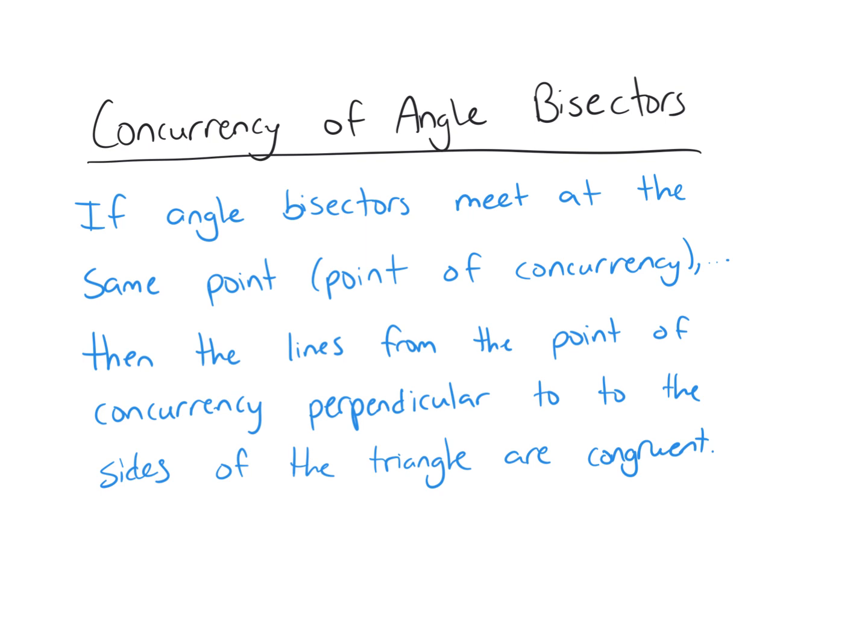Now, yes, this one is a little more wordy than the perpendicular bisectors, right? But if you broke this down, you know what all of those different words mean, right?